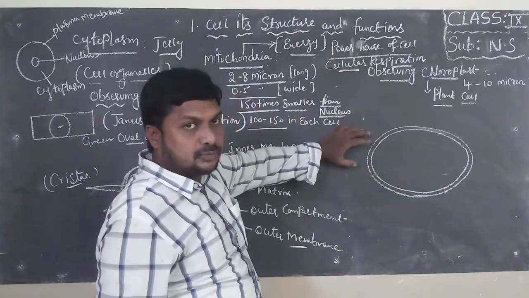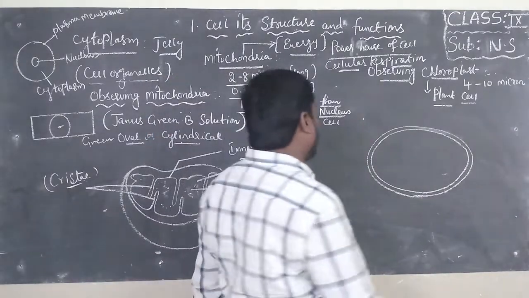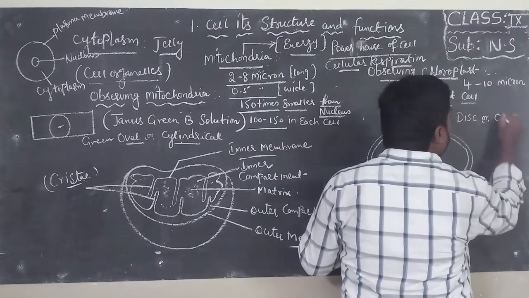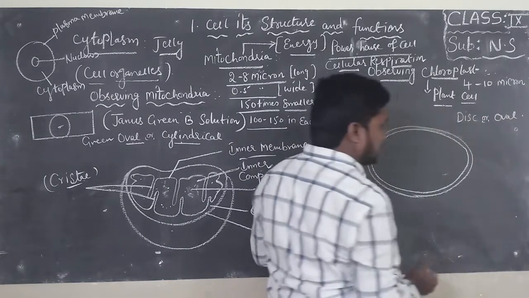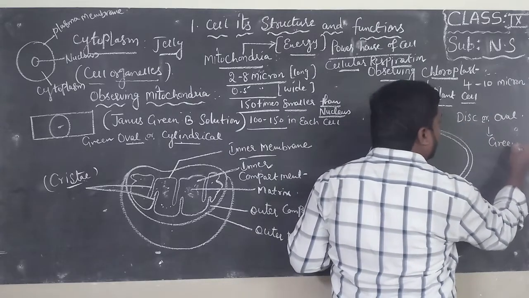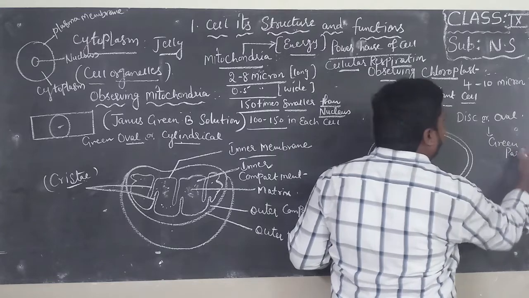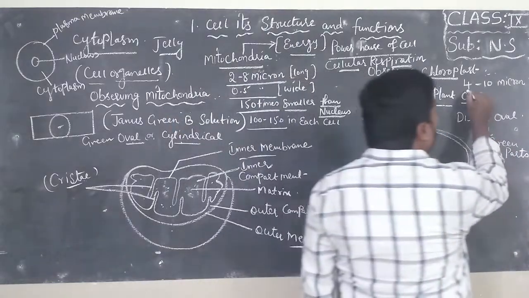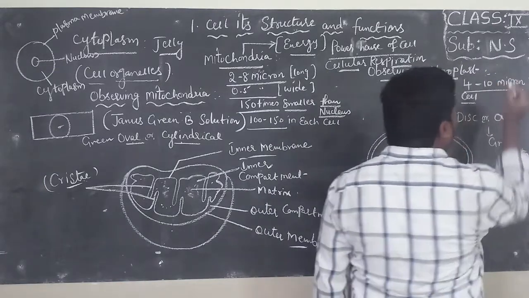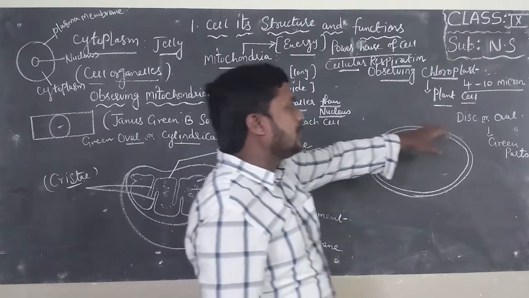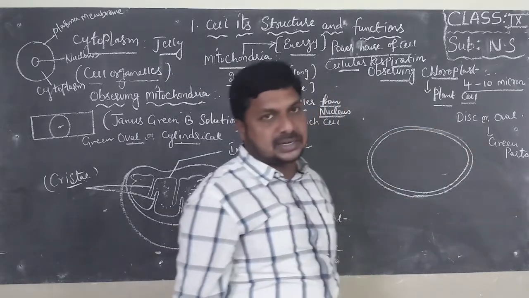How does the chloroplast look? It is a disc-shaped or oval-shaped structure. Where is chloroplast present? In the green parts of the plant. The length of chloroplast is 4 to 10 microns.